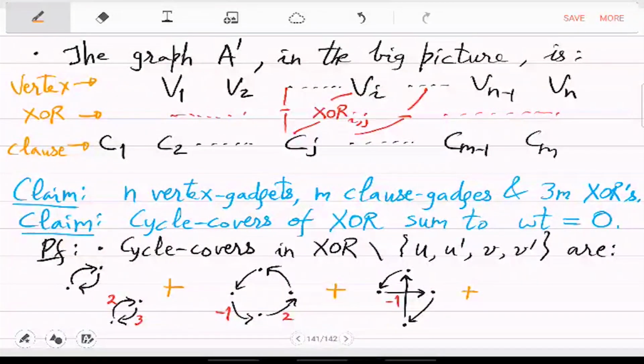And in the final one we can use a self loop, the one which is at the bottom. So the bottom self loop is like this, and then a cycle above.